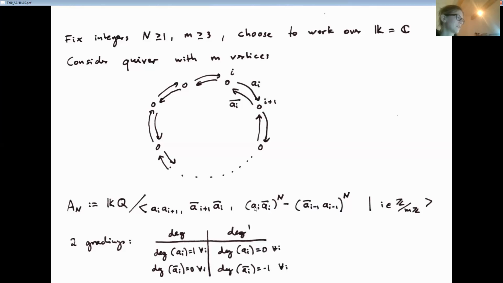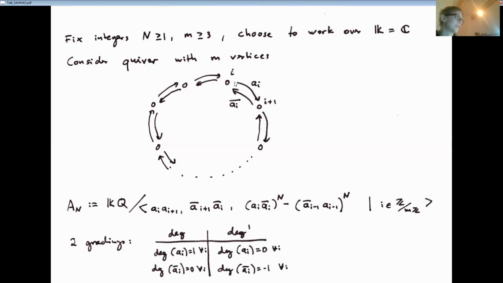And then some cycle at the node i that is repeated n times will be equal to the cycle somehow in the other direction, right?